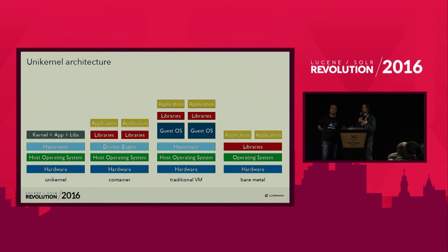Some of them you can compare to bare metal, because if you run a unikernel, you don't need to care about things like multi-user, or separating the kernel from the user space. So you can do a lot of tuning in terms of, for example, network and I/O performance.